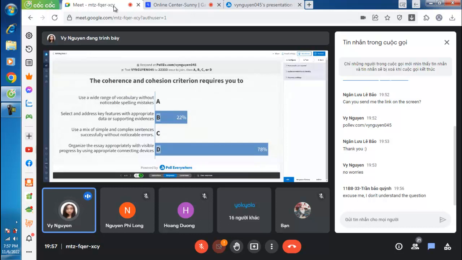The third one is lexical resource. And the fourth one is grammar, right? That is the marking criteria.